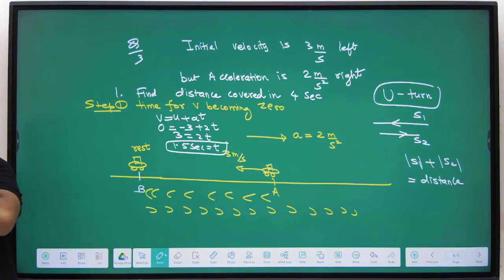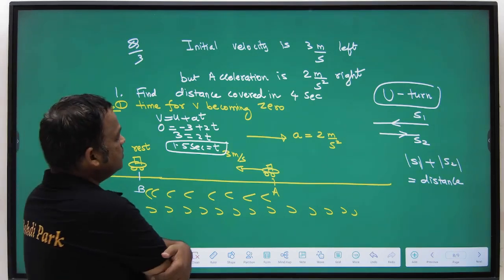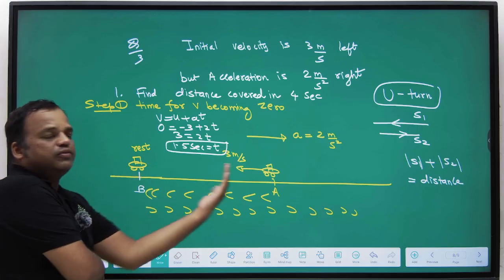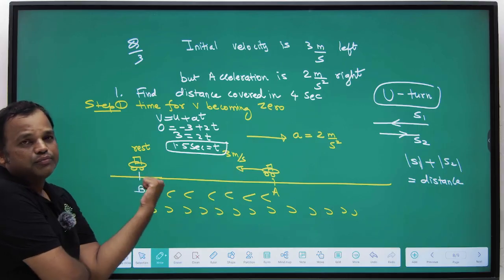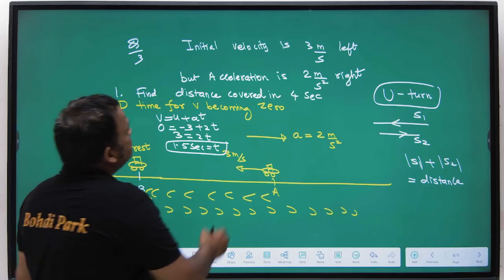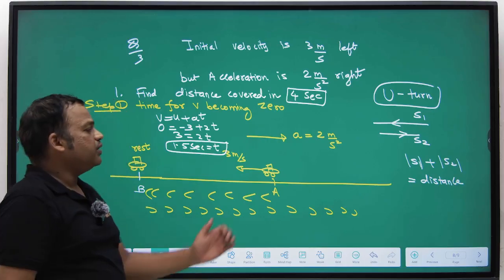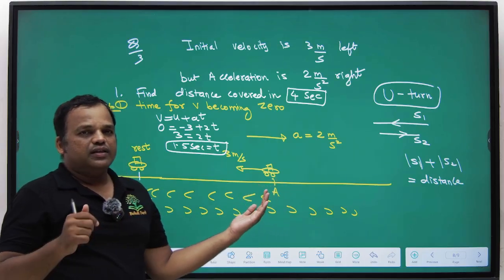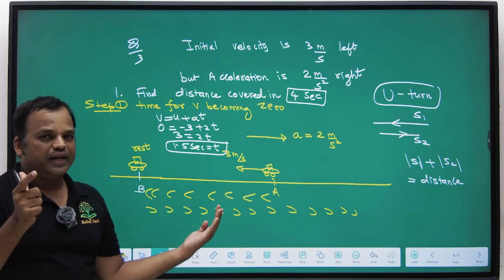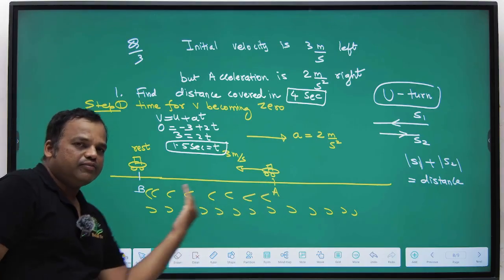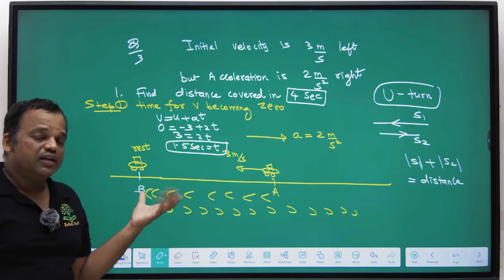So for this situation, for leftward direction it is going for 1.5 second, but in the question they are asking what is the distance in 4 seconds. So 1.5 second it has moved or spent while going left side. Now how much is remaining time?